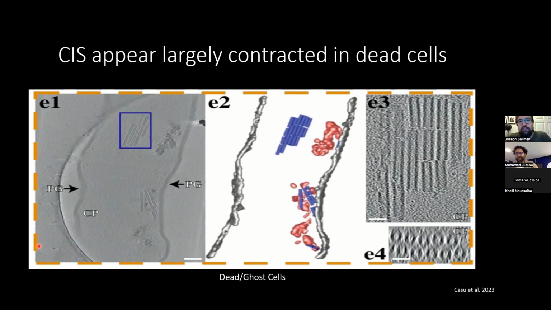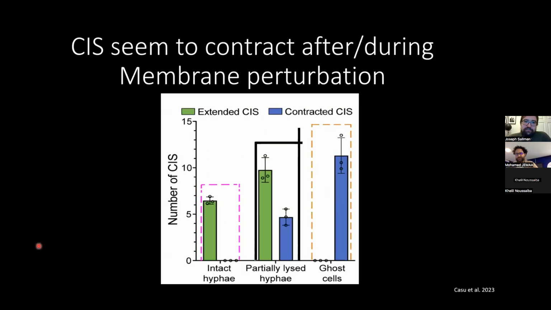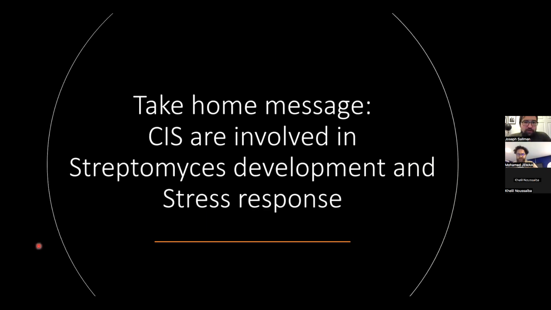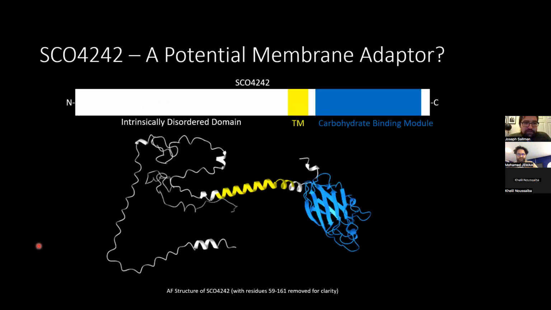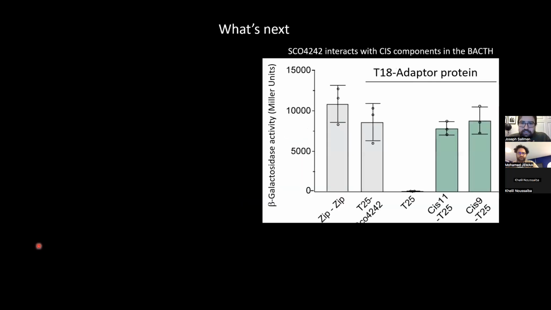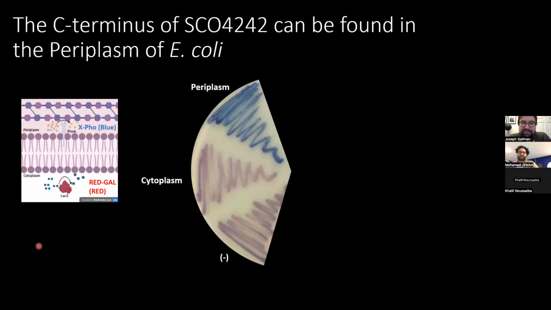One of the interesting things is, if you remember from the video, let me see if I have the slide here real quick. Oh yes, so the membrane adapter protein is what we think of as found embedded in the membrane.